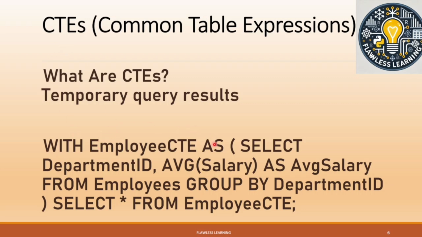Then you give the CTE a name, like here employee CTE, whatever name you want, then AS, and then the query. Basically CTEs are temporary named result sets that make your query modular and easier to read. They are great for breaking down complex logic.